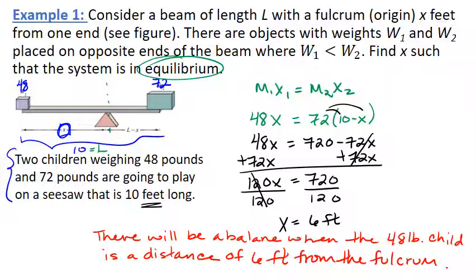So if the 48-pound child is 6 feet from the fulcrum, then the 72-pound child is 4 feet from the fulcrum, because 10 minus 6 is 4.